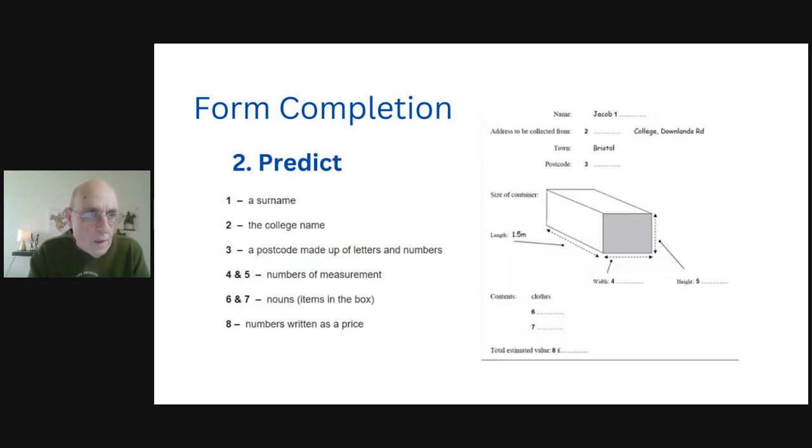And then you're going to want to predict what you're going to be listening for. This can be as simple as looking at each question and deciding what type of answer you'll be listening for, and making a note beside the question or in the column beside it on the page, so that when you hear it, you'll write it down immediately and move on to the next question.